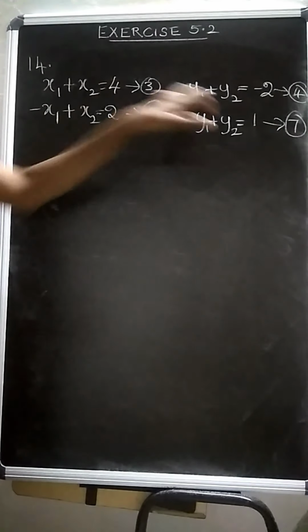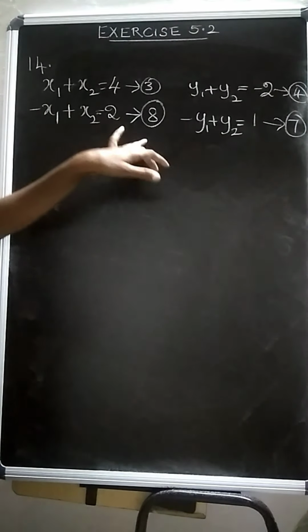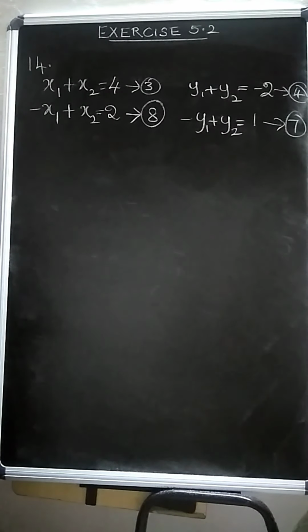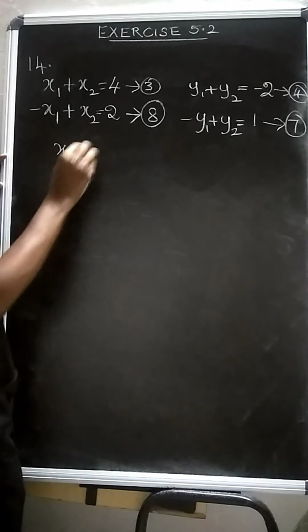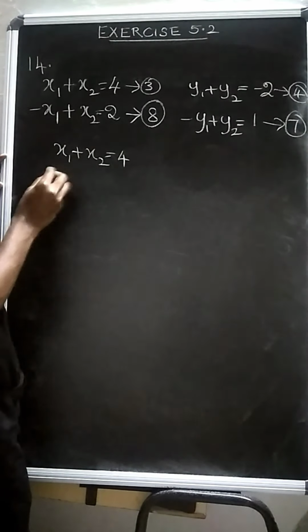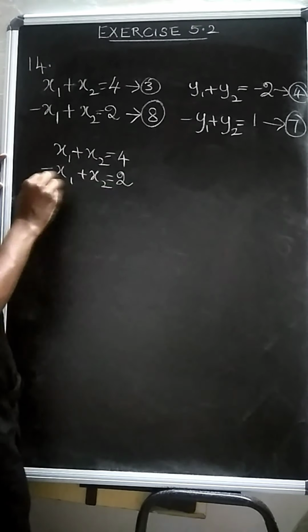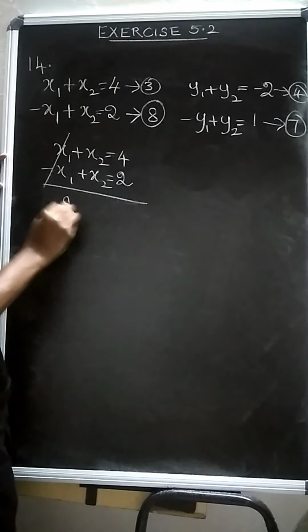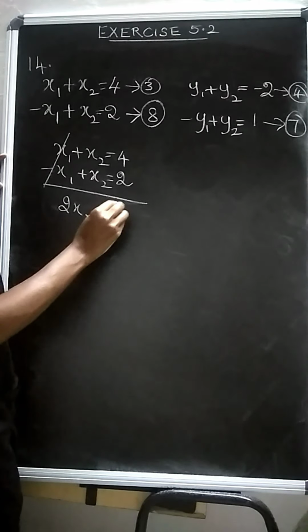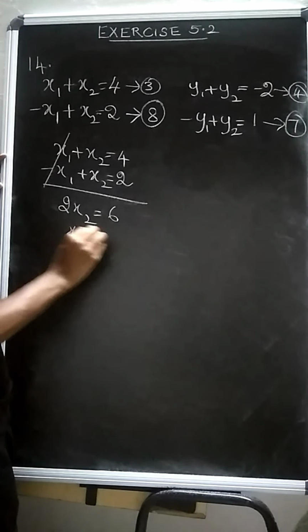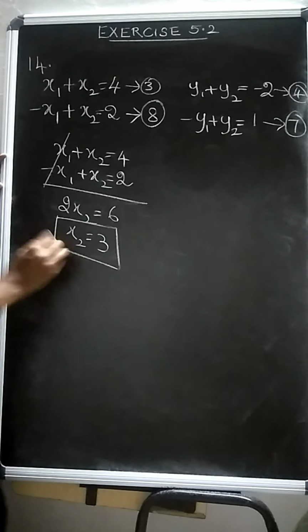Equation number 3, equation number 4, equation number 8 and equation number 7, and I am going to solve linear equations. Now x1 plus x2 is equal to 4, minus x1 plus x2 is equal to 2. So cancel. x2 is equal to 3.